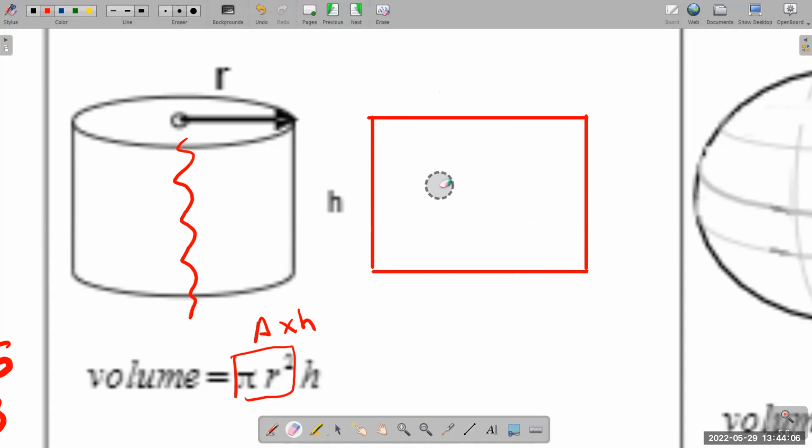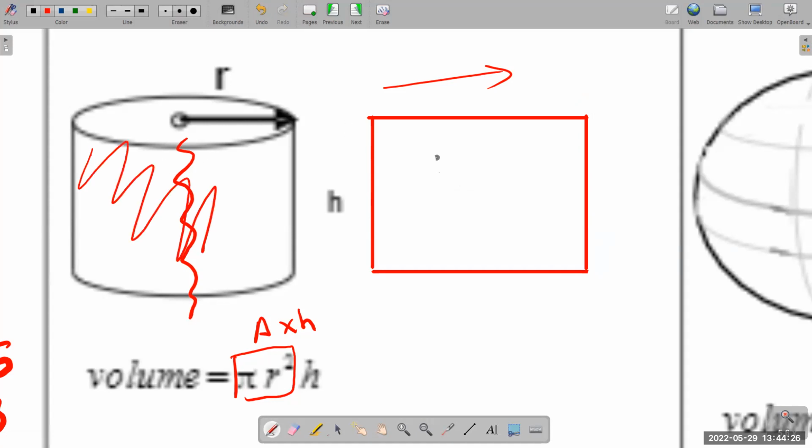Everybody with me? If you need to do it yourself, do it yourself. Get a random rectangle paper, roll it over, connect these two sides to each other. You realize you get a cylinder. So what they're saying is, if you want to find the area of the curved shape, you open it out. And what shape is that?